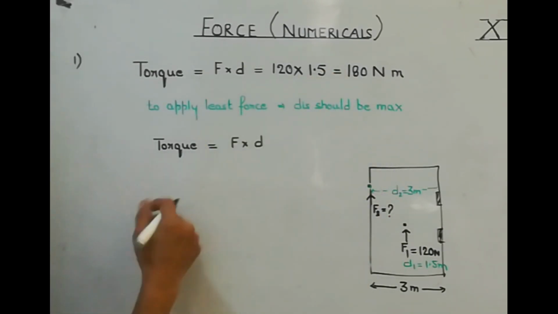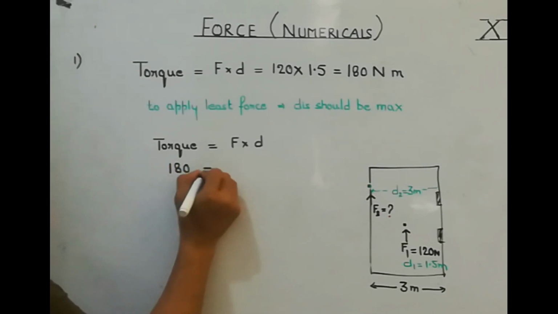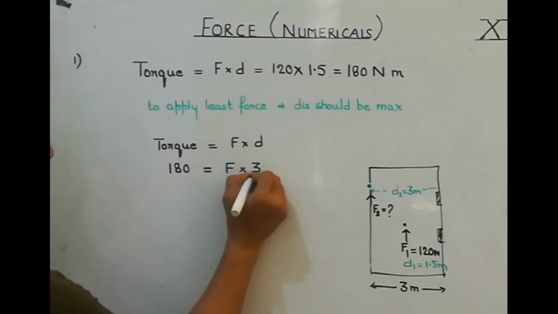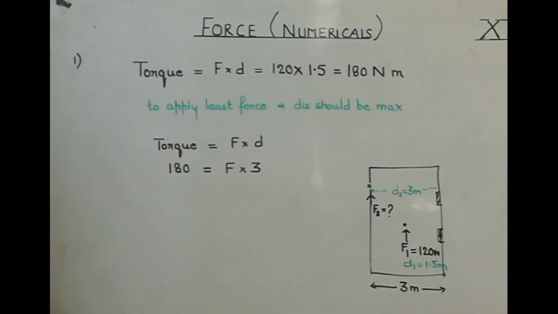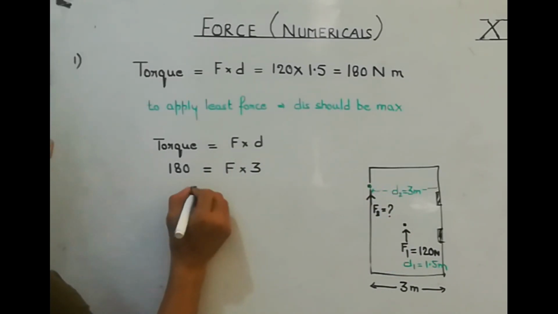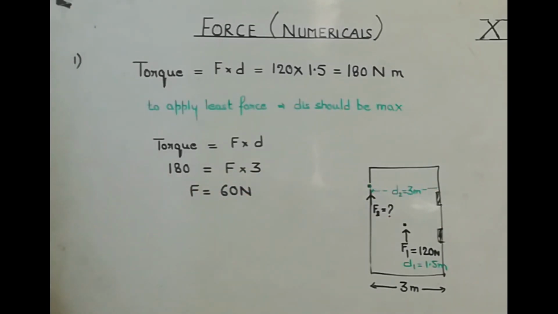So 180 Newton meter, force to be calculated and the distance to be kept maximum because we need to calculate least force. So the force that he is going to apply will be 60 Newton. So that means the door can be opened with the least force of 60 Newton when applied at the end of the door. So you can note down this one.